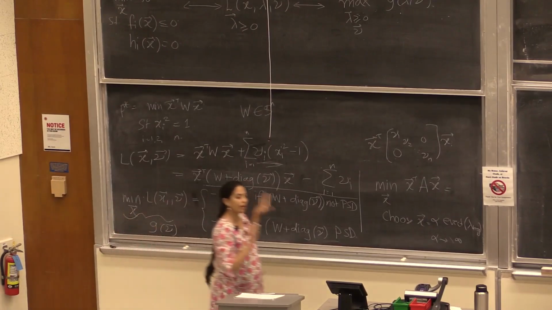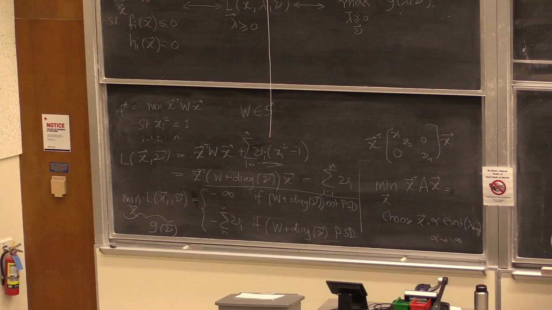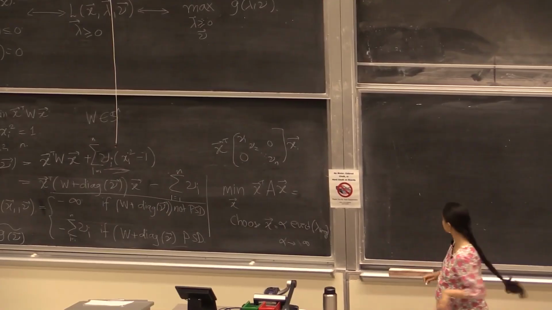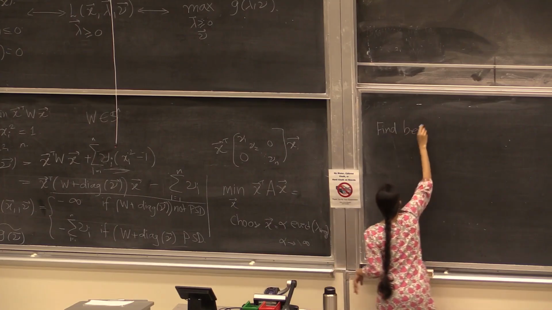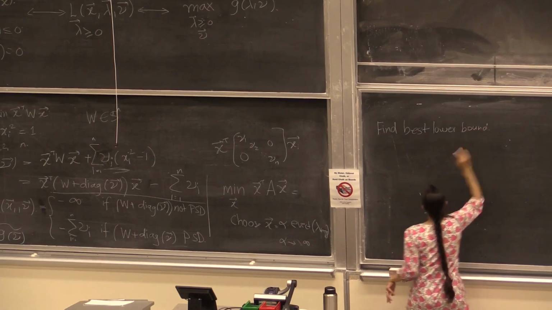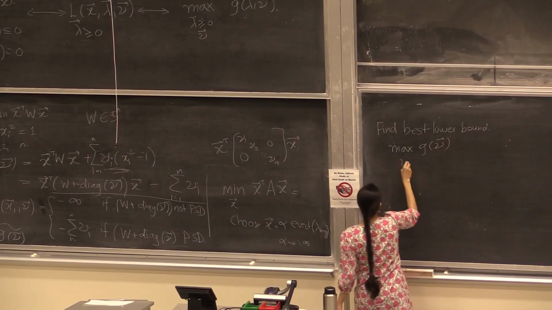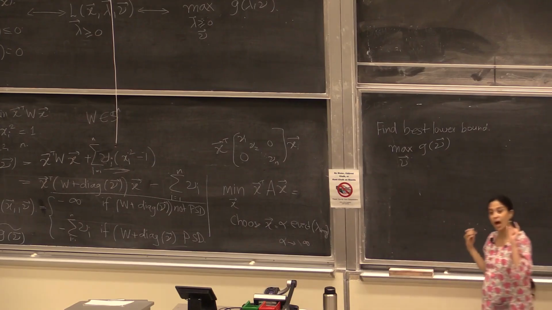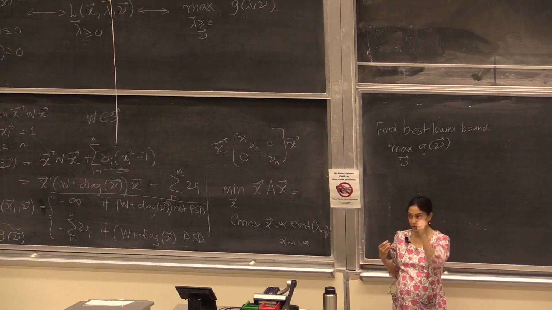And now we know that every single one of these g of nu's is a lower bound for our optimum, for our primal problem. So we want to find the best lower bound. I'm trying to find this best lower bound, and I get to choose my nu now. Nu is under my control fully.